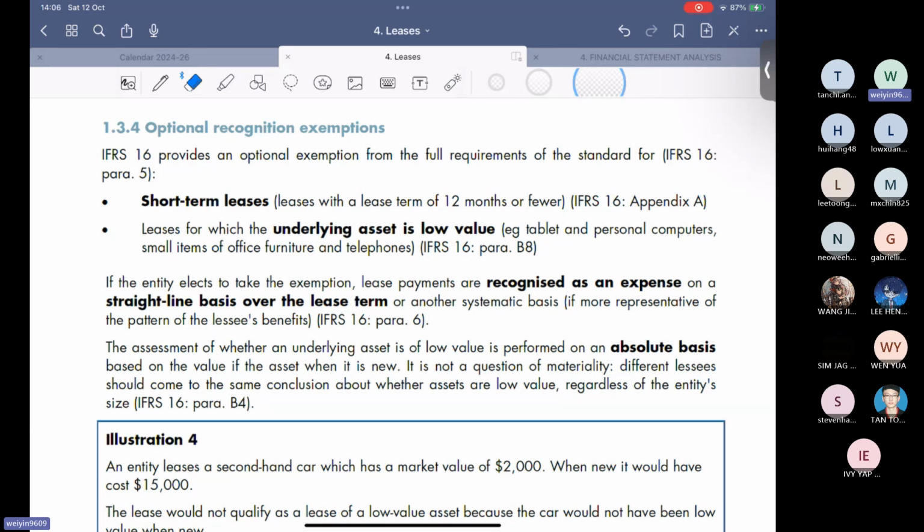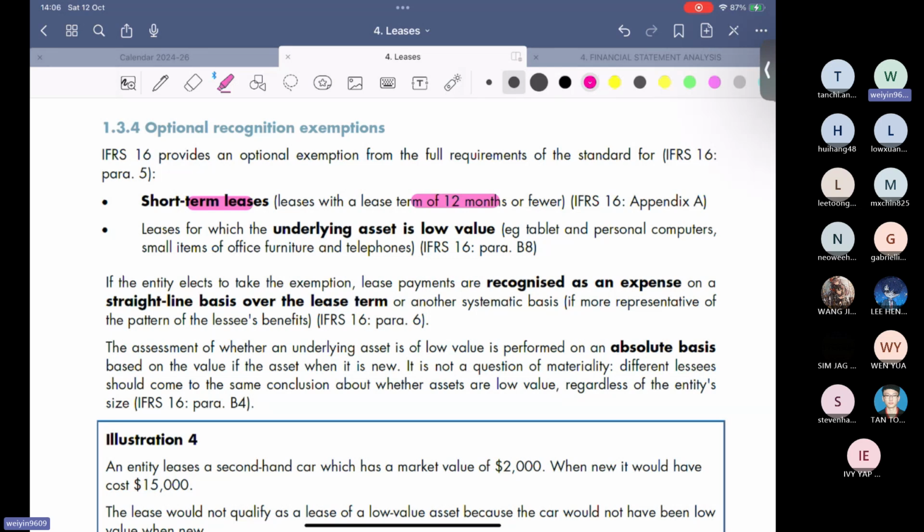The first one, it must be a short-term lease, where short-term means less than 12 months. If it is less than 12 months, how can you recognize it as a non-current asset? So you can park it under operating lease.